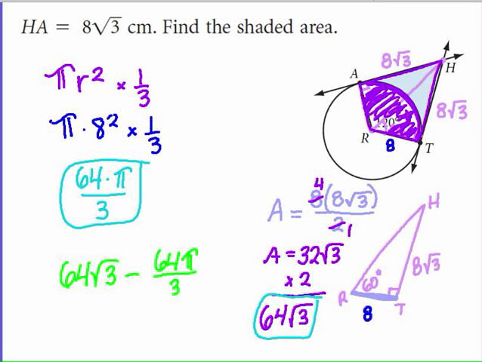What'd you get? 110.85. Now what I need you to calculate is what 64 times the pi button divided by 3 is. 67.02. Yep. So go ahead and subtract those two for me, and what do you get?